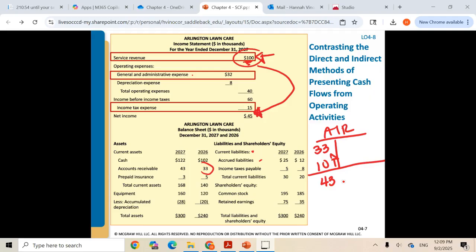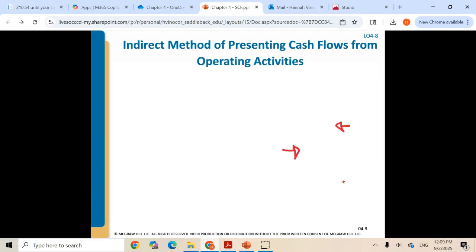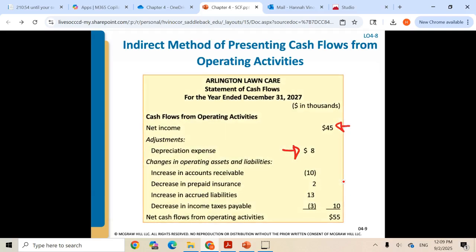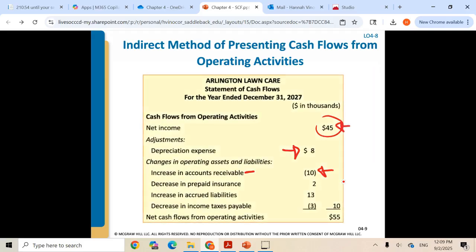If I page down to our indirect method, you'll see my increase in accounts receivable is a reduction in net income. And that makes sense because the $100 of revenue is in here, and we already determined up here the $90 of it was cash received from customers, which means $10 of it is not cash received yet. So we're going to remove this $10.